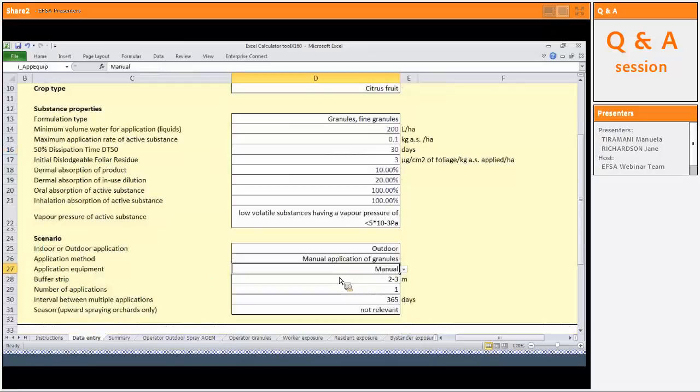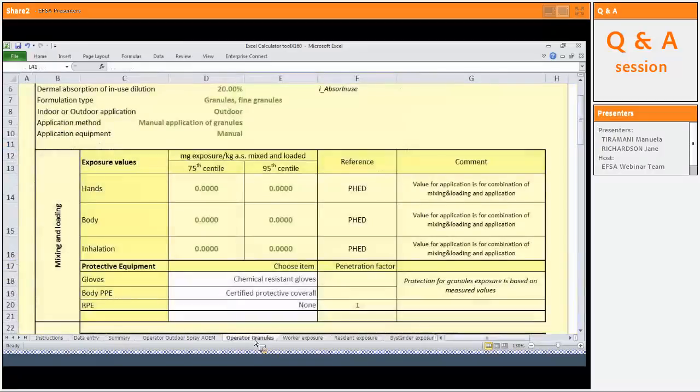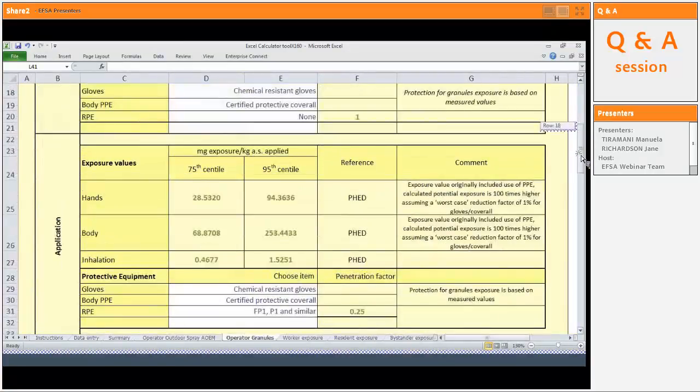We do have a few scenarios from the PHED model to look at granular applications, but the data is quite limited here, I think. But you can at least look for some of the granular applications. Yeah, exactly.